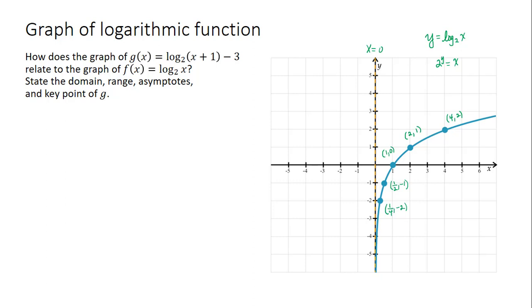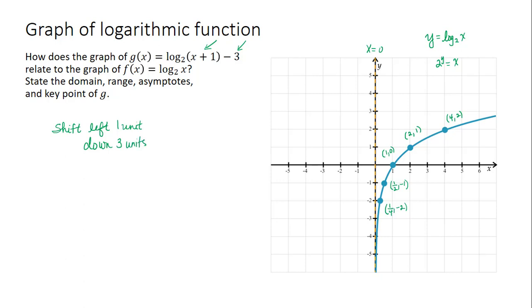To graph g of x, which equals log to the base 2 of the quantity x plus 1 minus 3, we can use transformations of functions. Remember that the inside plus 1 tells us that the graph of f is going to shift left 1 unit, and then the minus 3 on the outside tells us that it will shift down 3 units.